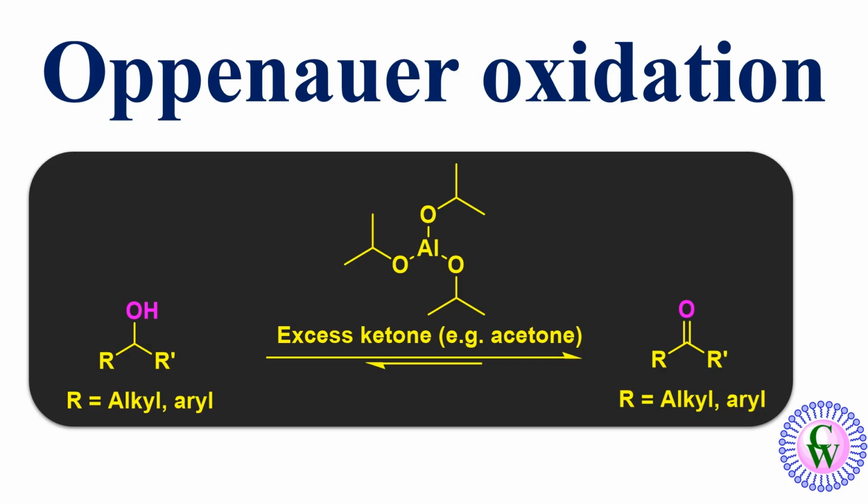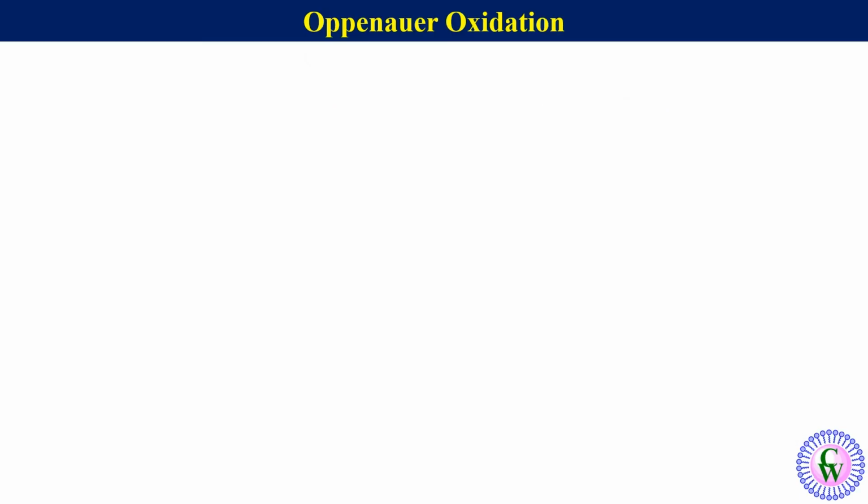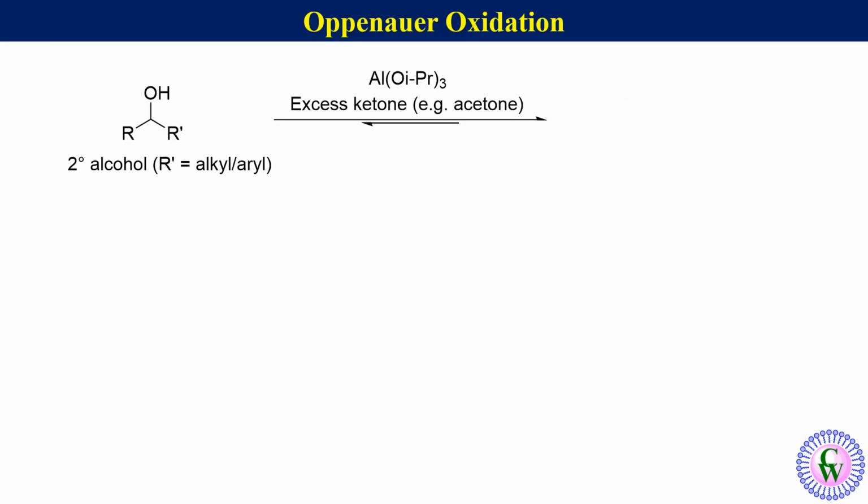In this video we are going to learn Oppenauer oxidation. In this reaction, a secondary alcohol in the presence of aluminum triisopropoxide and excess of a ketone like acetone gets oxidized to ketone.